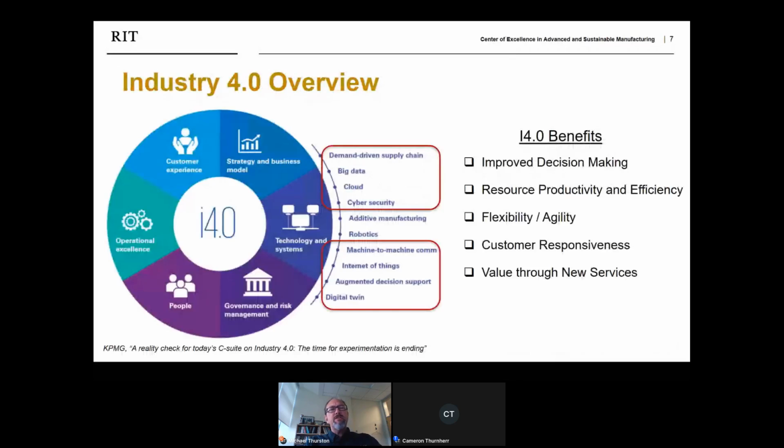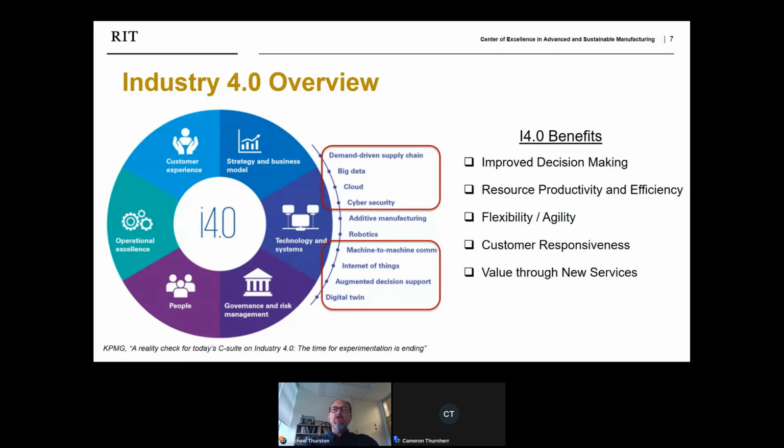As we said, this webinar is part of our broader series on Industry 4.0, and data analysis is a very important part of the broader Industry 4.0 technology area. Many of the technologies that you see highlighted in the red box deal directly with better and lower cost ways to generate data, move data around, and utilize that data.